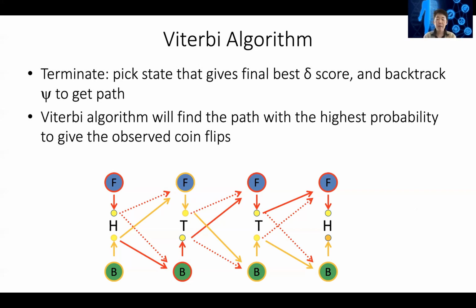Therefore, this is the correct path that gave you the highest probability among all the paths to give out this particular coin flip. In most of the locations, you might see that the Viterbi algorithm and forward-backward algorithm give you very similar predictions, but occasionally there could be something slightly different. For example, the forward-backward algorithm, remember, maximizes the overall number of states being correctly predicted, whereas Viterbi gives you the path that has the highest probability.